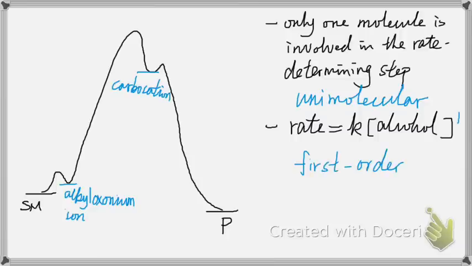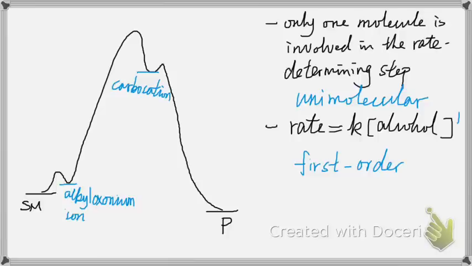The reaction kinetics. Because the rate-determining step involves only one molecule, that means the overall rate of the reaction will be related to the concentration of the species in the rate-determining step as a reactant. That's our alkyl oxonium ion. And we know the alkyl oxonium ion is formed from alcohol.